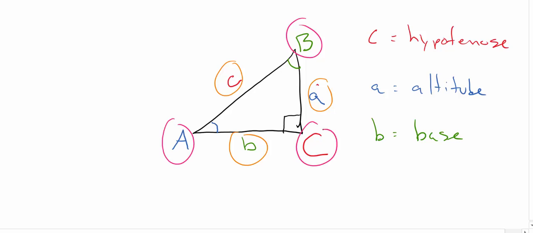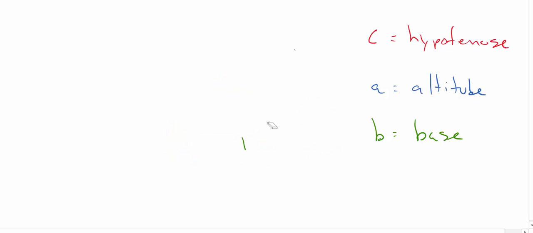We're going to want to know what those are when we get into trigonometry, but also in finding sides. The first thing we're going to do is talk about the angles quickly. If I have a right angle triangle, I know that one angle is 90 degrees because that's what makes it a right angle triangle.